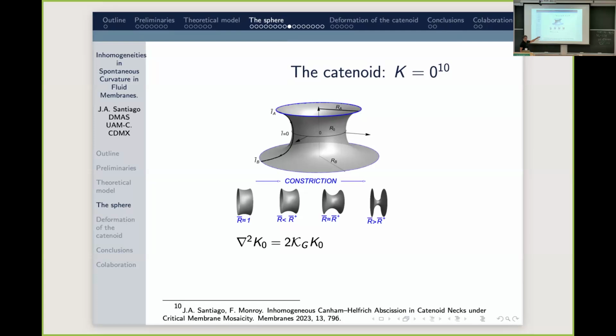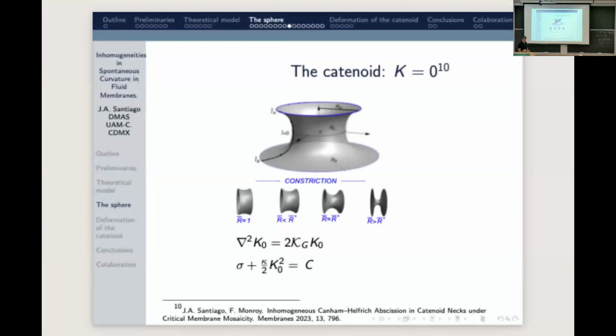This is the equation in this case. The Euler-Lagrange equation reduces to this one. This is the Helmholtz equation, and then we have to write here the Laplacian of the surface, in this case the Laplacian of the catenoid, right? Of course, this is the Gaussian curvature of the catenoid, and this is negative, right?